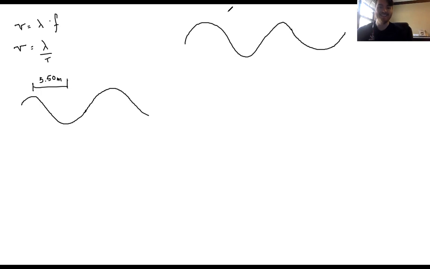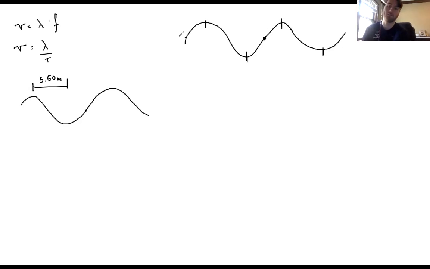The idea here is that a wavelength always has to be from one spot to the exact same spot on a wave. So it has to be like a trough over to a trough, or the equilibrium spot over to the equilibrium spot. That's what tells you that it's a new wave.